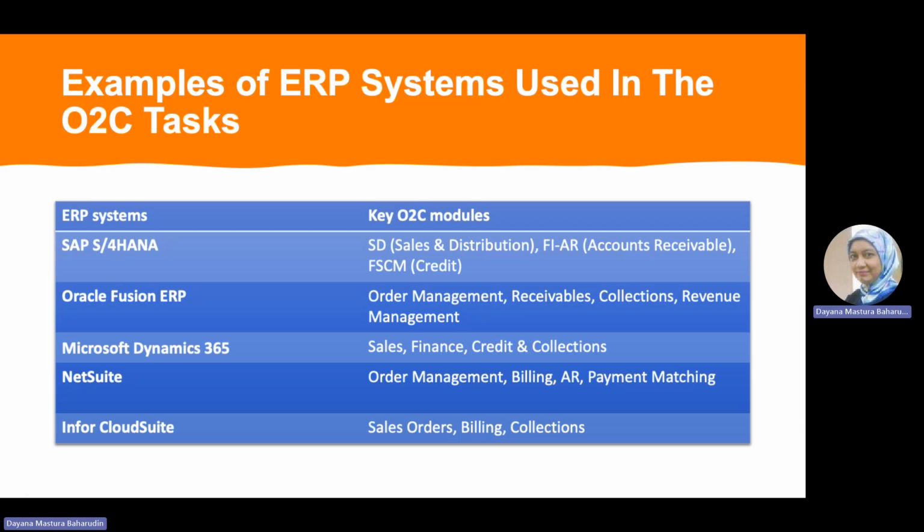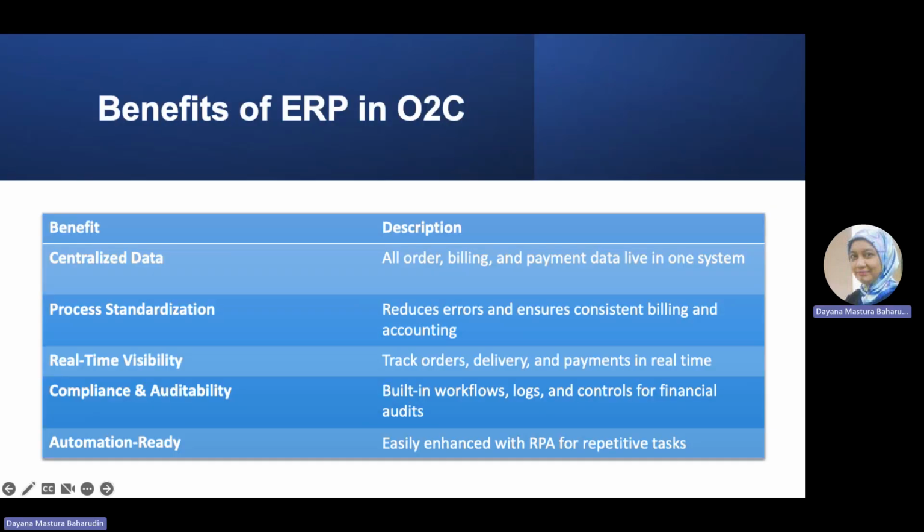For Oracle, order management, receivables, collections, revenue management, and so forth. We also get the occasional Microsoft Dynamics 365, NetSuite, and Infor Cloud Suite. Don't worry so much about that. These are just the ERP software.